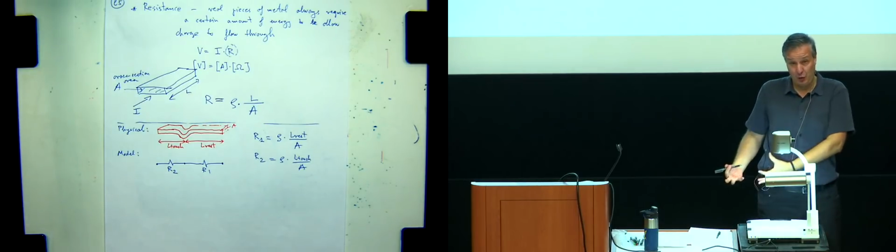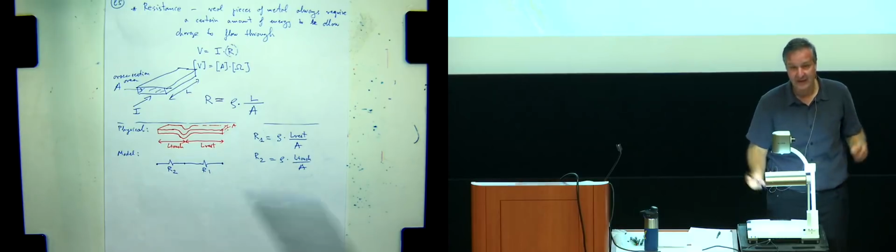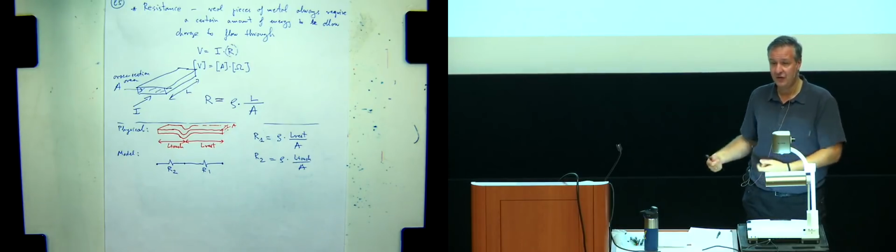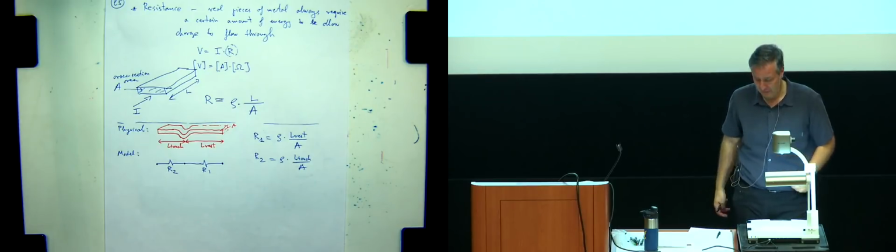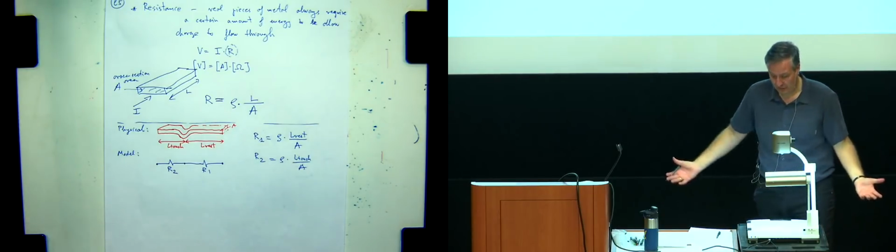I first need to build a circuit. This is just a sensor part of it, right? Now I have to build a circuit around it so I'm able to read off the electrical quantities, right? And then I'm done. I just analyze.